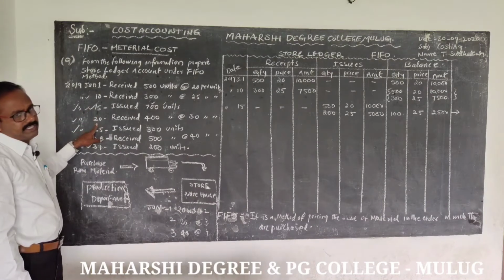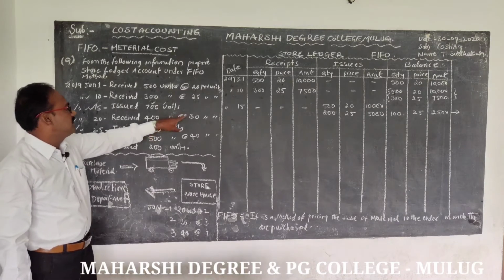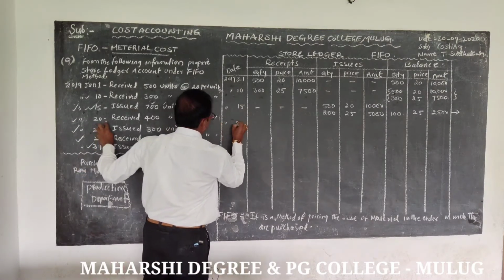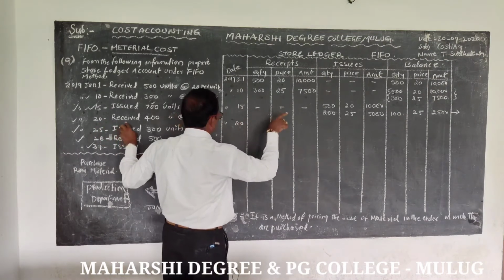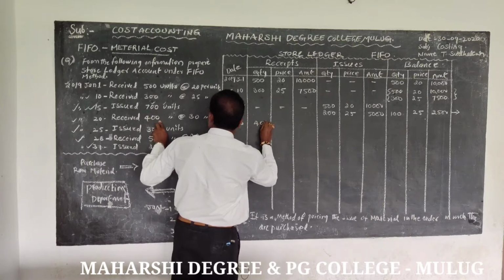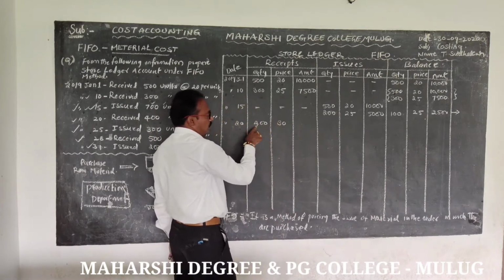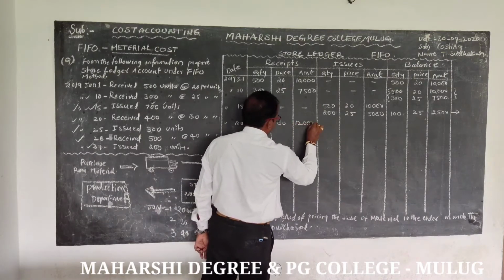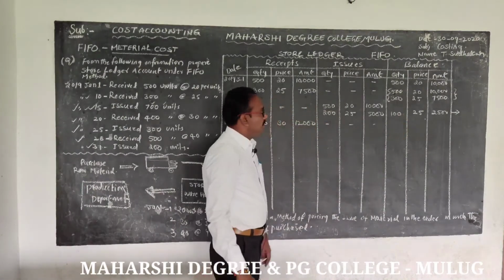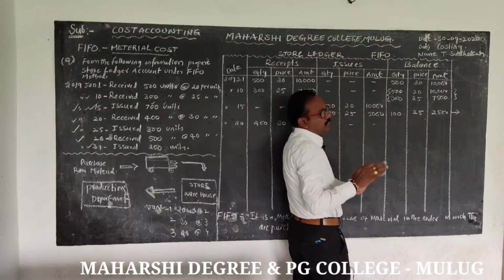Next, on the 20th, received 400 units at 30 rupees. This transaction is posted in the received column: 400 units at the rate of 30 rupees, 3 into 4, 12,000 rupees, available in the store department. Next, the balance posting is most important.